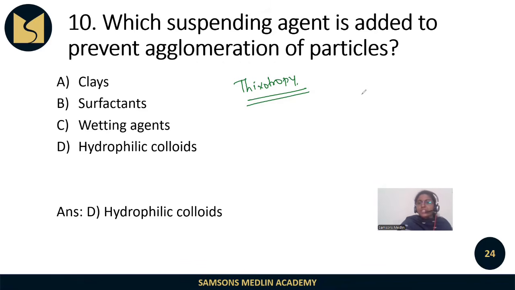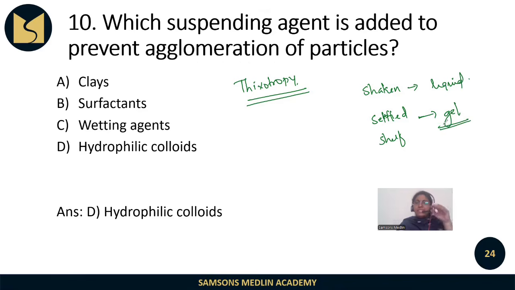form. So when it is shaken, it has to move into the liquid form, and when it is settled, or when it is kept on the shelf, it has to remain in the gel form. In the gel form, its viscosity will be higher and the particles will be in the dispersed form, but it is not easily pourable.